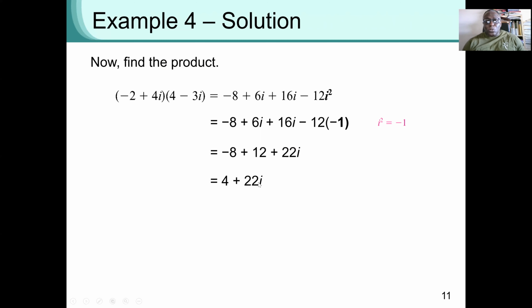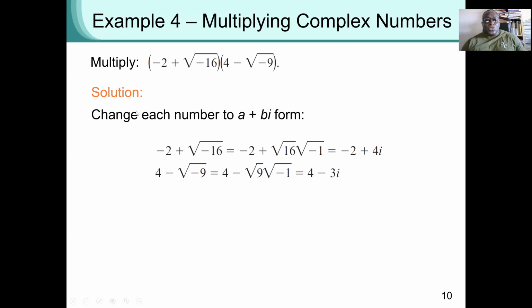Again, let's go through this example one more time. So this is the question. They say we should multiply negative 2 plus square root of negative 16 with 4 minus square root of negative 9. Now, because we know a square root of a negative value is not a real number, it's imaginary, we know that this is a complex number.